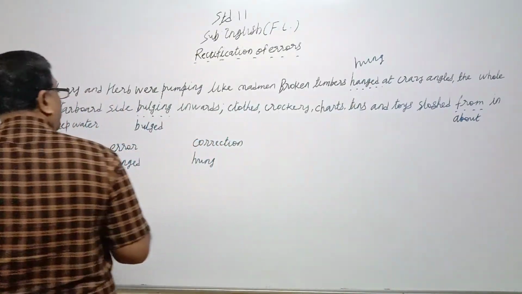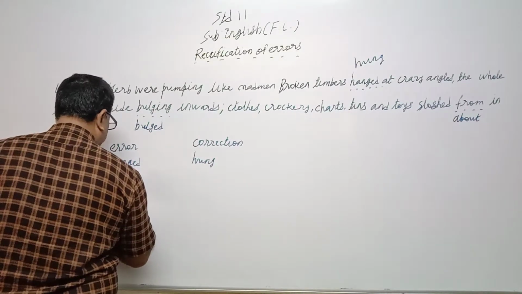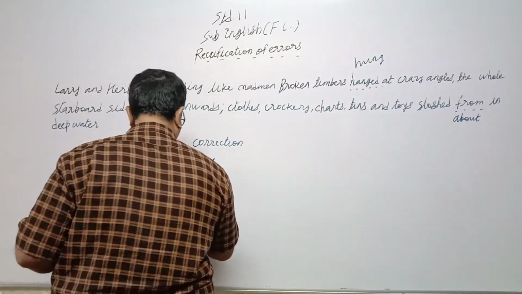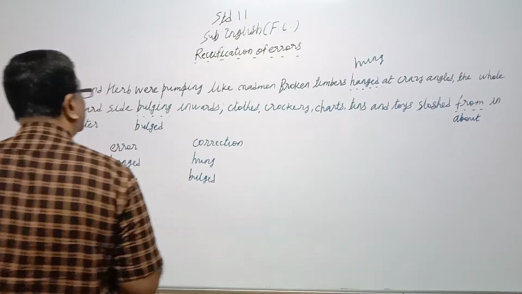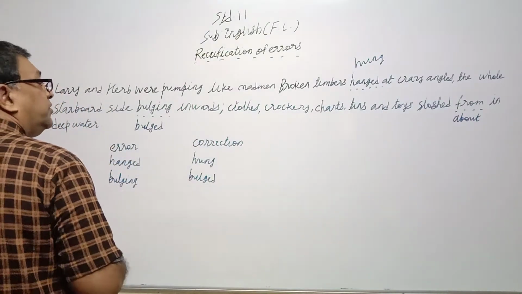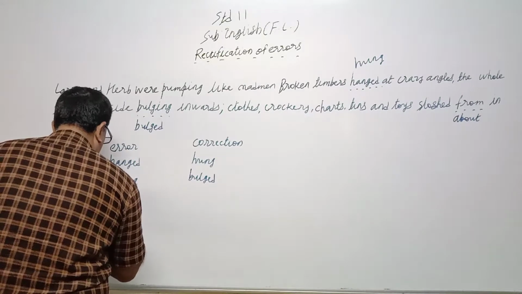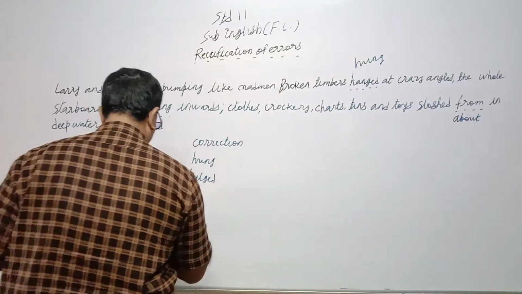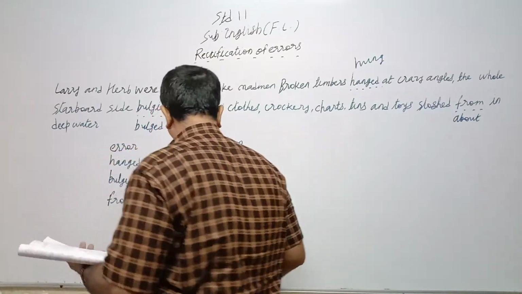In error, you will write bulging, B-U-L-G-I-N-G. In correction, you will write bulge. And in error, you will write from. In correction, you will write about. In this way, you will write answer in the exam also.